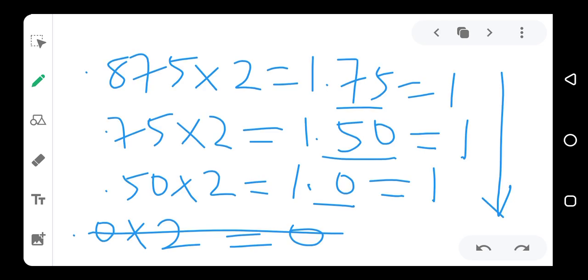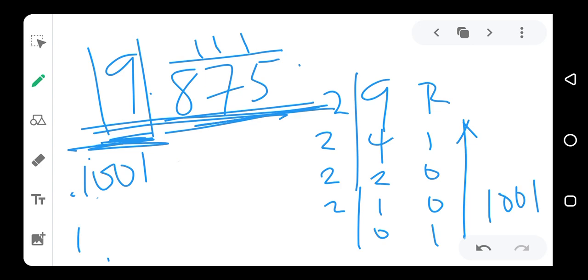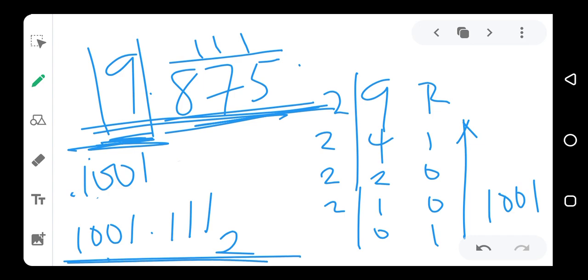Now the number 9.875 we have this as 111, and we have the whole number as 1001. Now what it means is that 9.875 is equal to 1001, which represents the whole number, 0.111, which is the decimal point, all in base 2. So this is the answer.